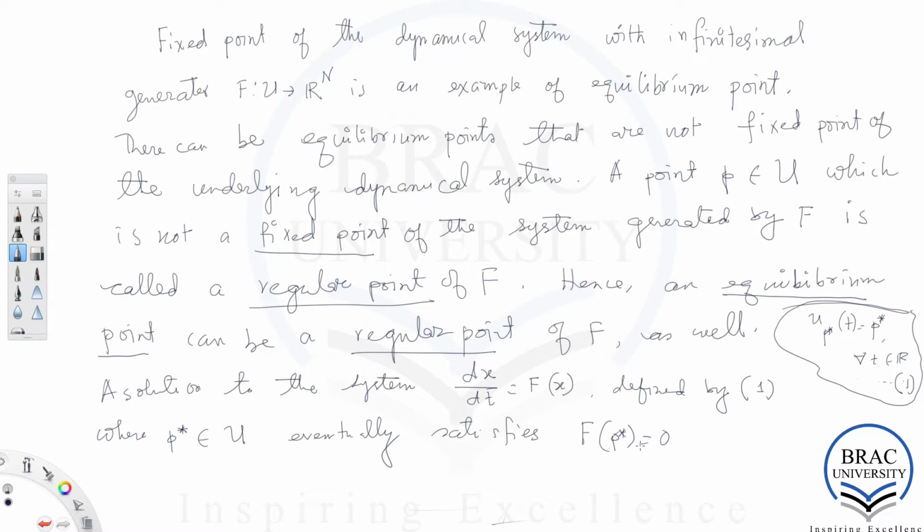And this solution is called an equilibrium solution. Okay. So the point to note is that U P star at t, this guy, is an equilibrium solution.